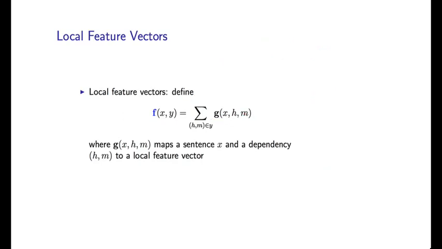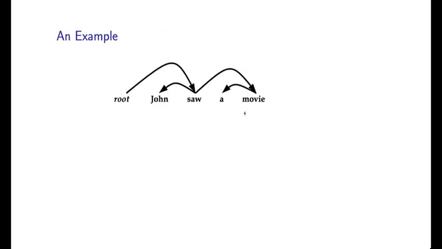So let me illustrate this with an example. Here we have a sentence x with a dependency structure. The sentence x is "John saw a movie". So we have x1 equals John, x2 is equal to saw, x3 is equal to a, x4 is equal to movie.